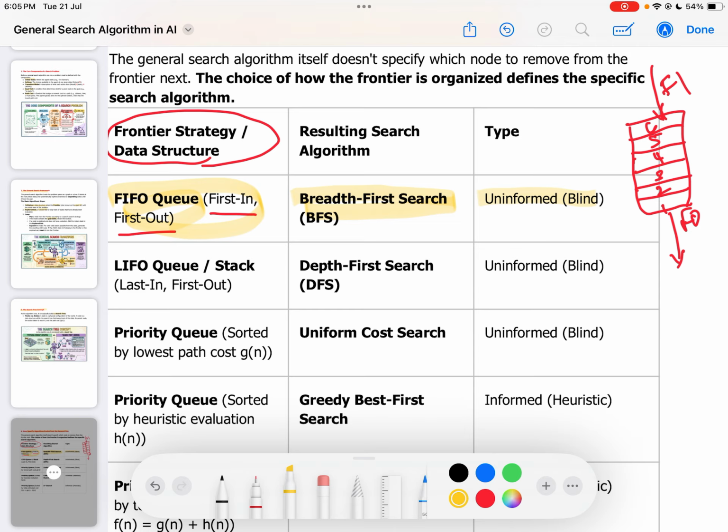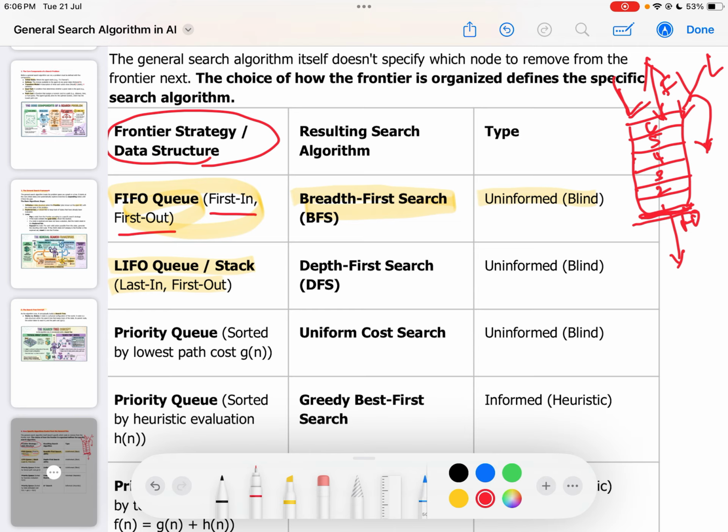Second is last in, first out. It's the same stack, but what happens here is last in comes out first like this. It's closed at this point. So the last item that we put inside a box, assume an empty box, the last item that you put here comes out first, obviously, because this end is closed.